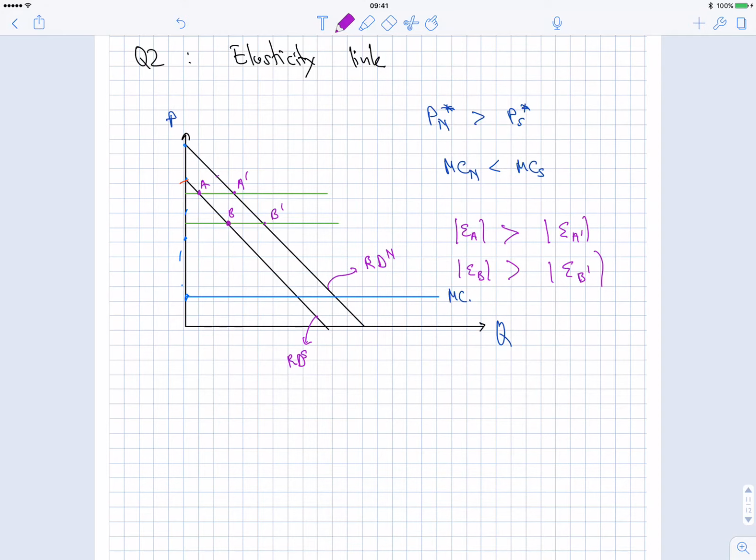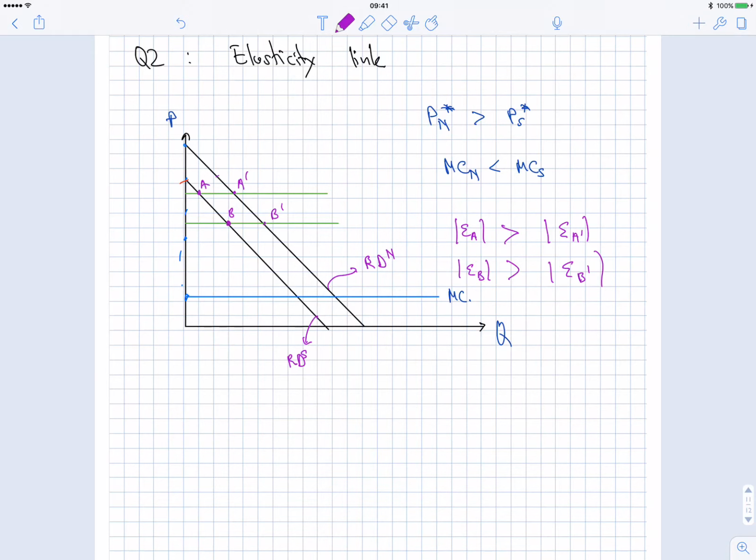So for any given price, the south has a more elastic demand, which means the north side is privileged. In what sense? At any point, for any given price, the elasticity is lower. The consumers are less elastic, or less sensitive to price changes.